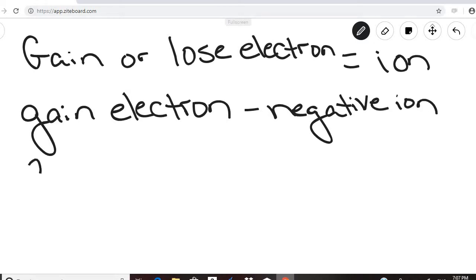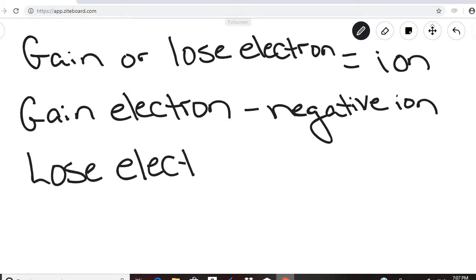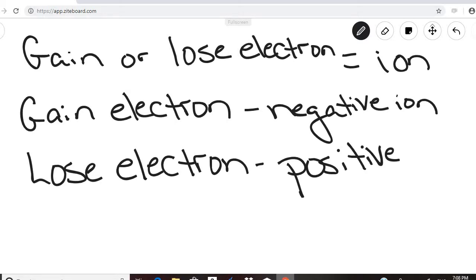And if an atom loses an electron, it's losing a negatively charged particle, and therefore that would be a positive ion.